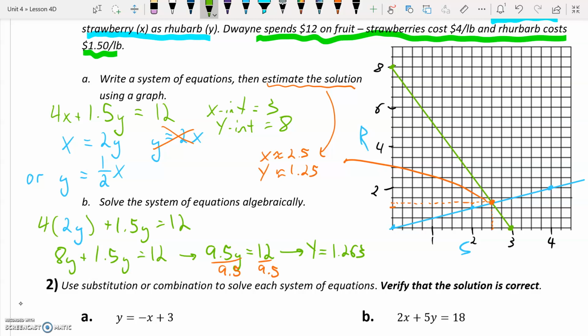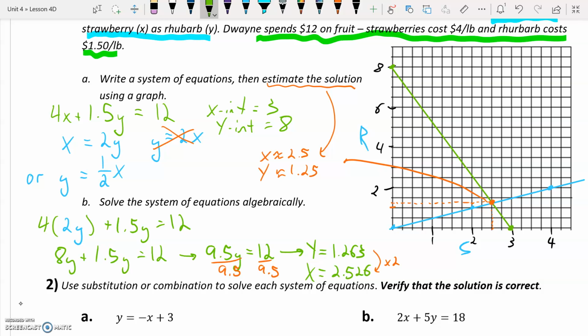And then to calculate x, you could just take that. Remember, x is twice y, so you could just take that and multiply it by 2 to get your corresponding x value. So x ends up being 2.526.